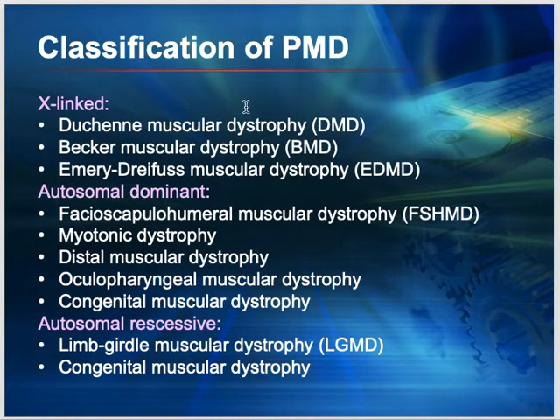These are the muscular dystrophies. Some of them are X-linked, like Duchenne's muscular dystrophy, which is an X-linked recessive condition. Then there is Becker's muscular dystrophy. We will discuss these two in detail.